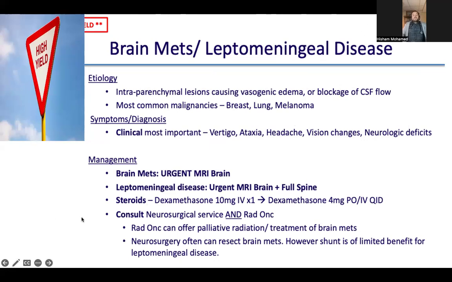The Canadian guidelines go for some treatment for these cases if you have an intraparenchymal lesion causing vasogenic edema or a blockade of CSF flow. Maybe these are secondaries from breast, lung, melanoma.